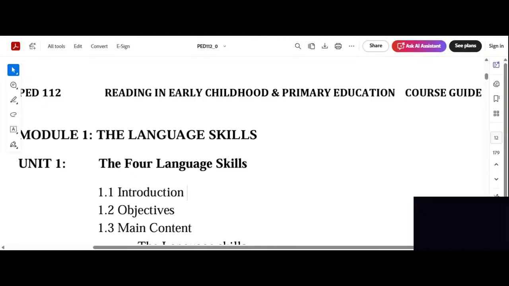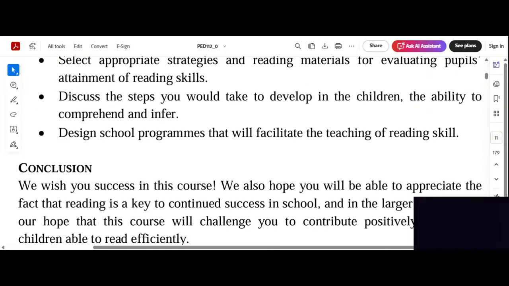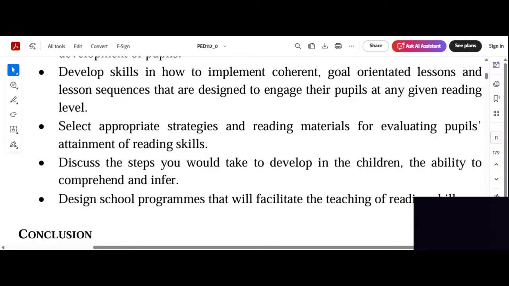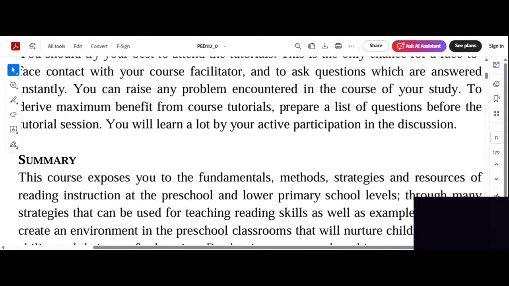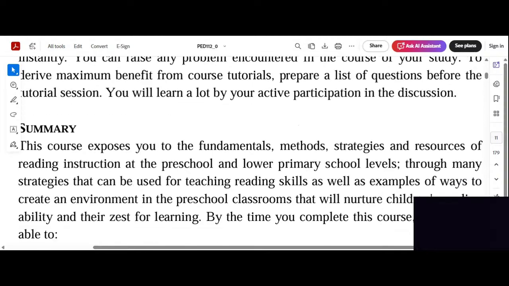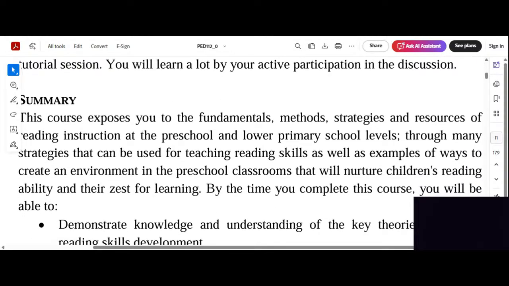Without even reading yet, we should have a kind of clue on what we are likely going to be doing in this course, since it is reading in early childhood and primary education. Probably it's going to be a course that will deal with how you help kids, as children, to develop the reading habit and, of course, how to read effectively.